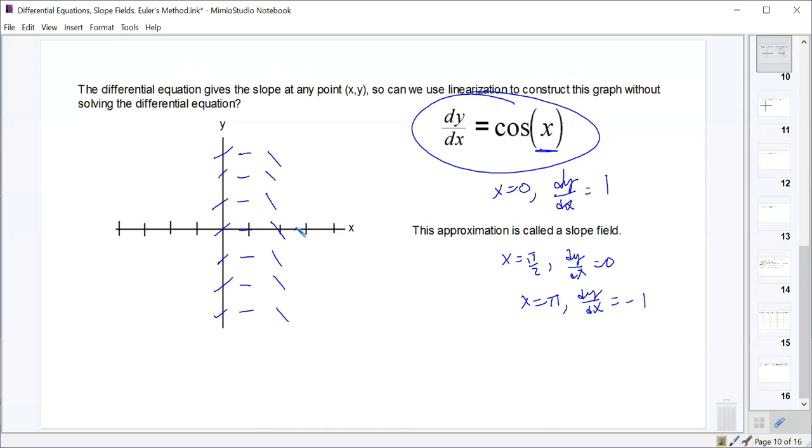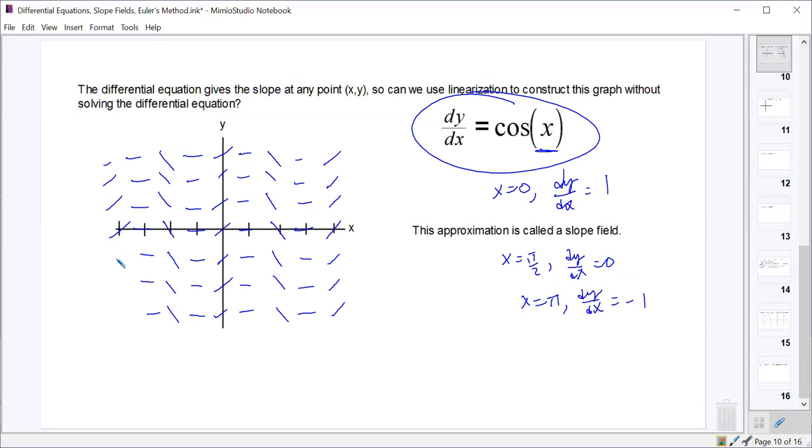And at 3 pi over 2, it'd be 0 again. And then back to 1 again at 2 pi. And 0 at -pi over 2, and -1 at -pi, and 0 at -3 pi over 2, and 1 at -2 pi.